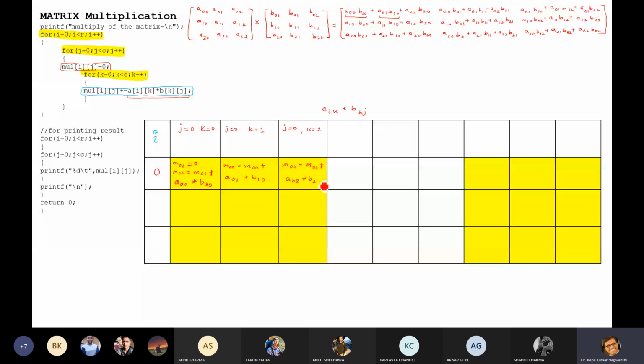So this is 02 and 20 will come here. Now you can see that every time m00 is written, this term we can also write as A00 B00 plus, the whole result is coming, and now A01, let us write.